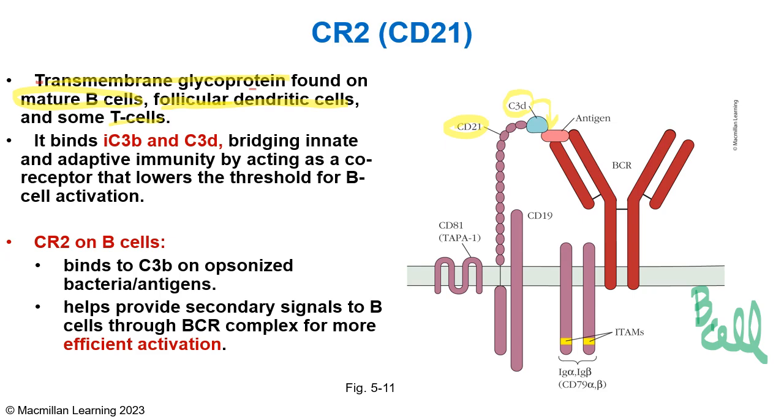Why is it important for this interaction to take place? Well, when we look at the activation of B cells, we're going to see that on the surface of B cells, you have the B cell receptor, which is also known as an antibody, right? We're going to see today, this is a type of antibody that's called IgM on the surface of the B cell. Okay, so this B cell receptor has a piece that recognizes directly the antigen, right?